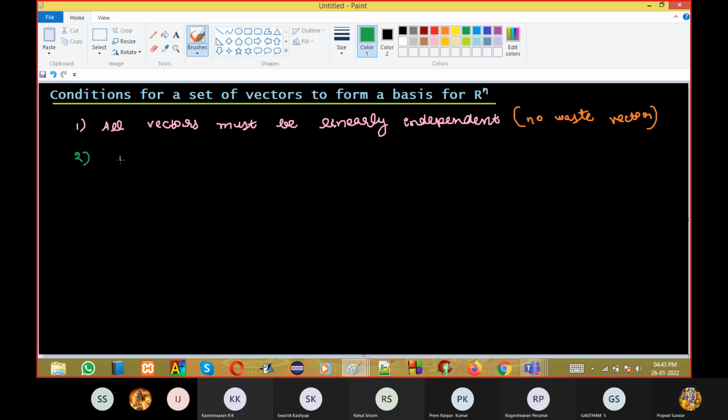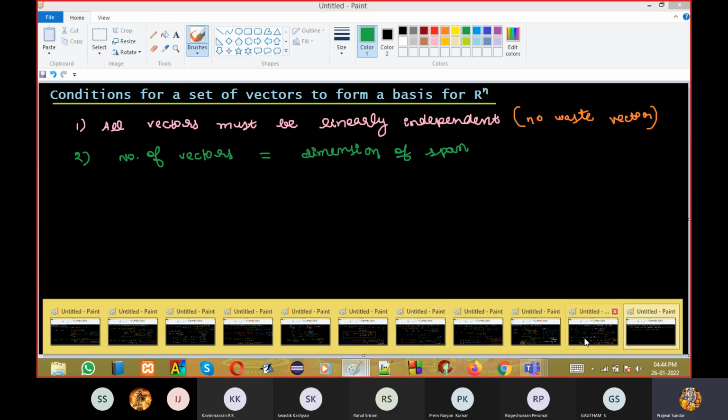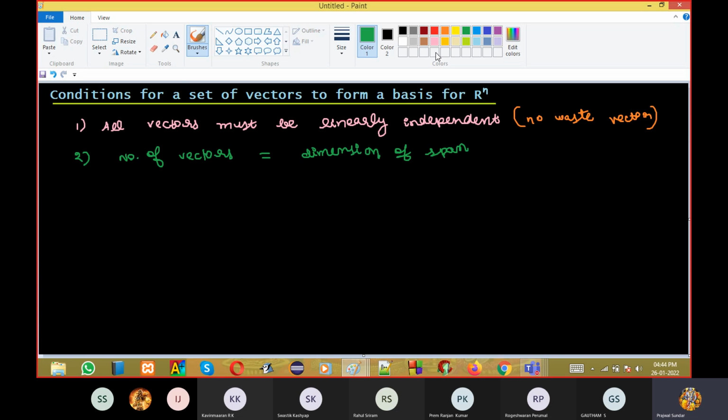Secondly, the number of vectors must be equal to the dimension of the space. Are these 2 conditions clear? If you analyze all the 5 examples, you will come to this conclusion. All vectors must be linearly independent, and the number of vectors should be neither less nor more.